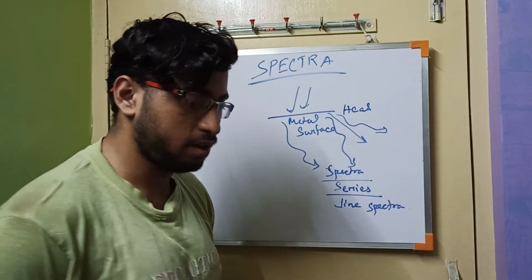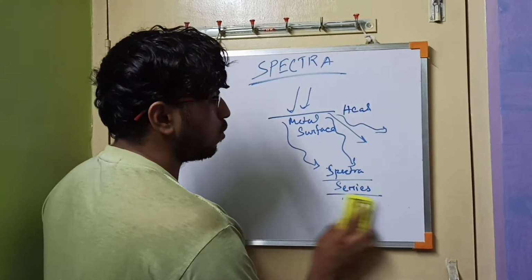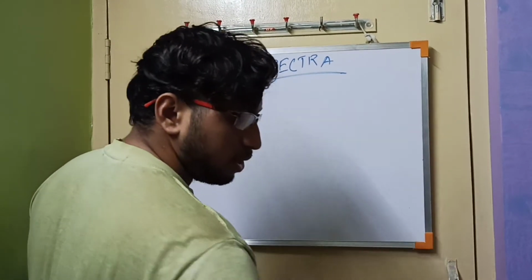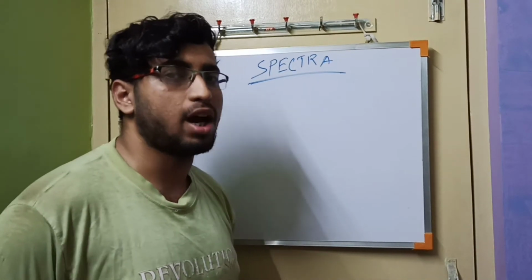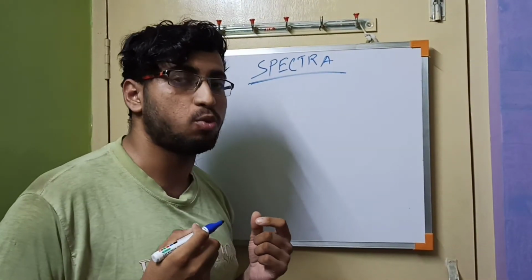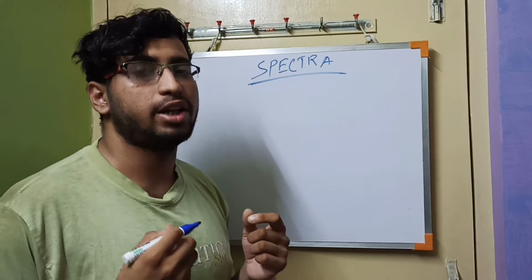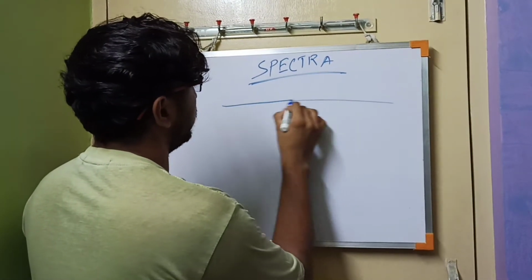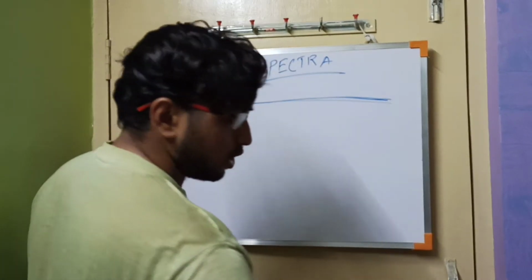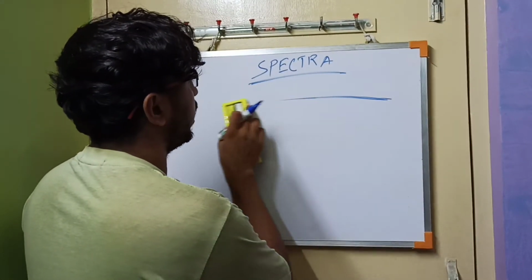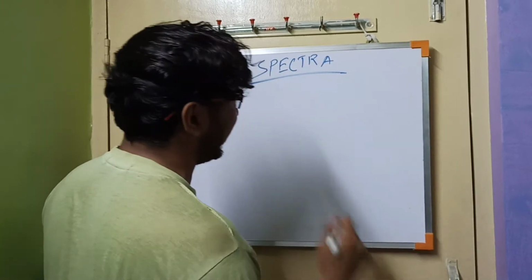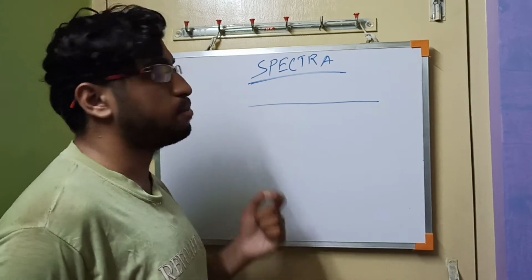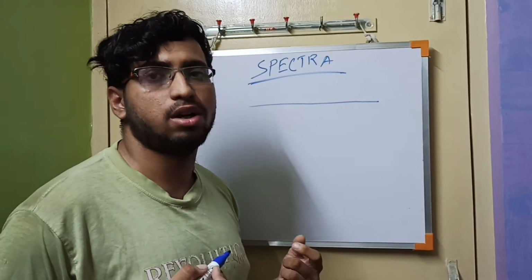Now we have to know a lot more about spectra. Each and every line spectra has a particular range of wavelength and a particular range of frequency. If we place a line spectra, it can look like a scale, a spectral scale, and it has a particular range of frequency or wavelength.